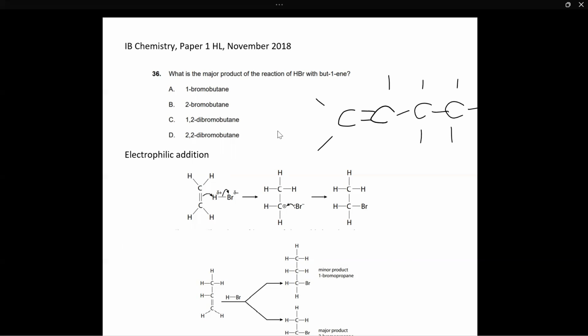So this is your but-1-ene, and this is your hydrogen bromide. Now this hydrogen, like I said, it's going to choose to go and attach to the carbon which has more hydrogens. And in this case, carbon number 1 has more hydrogens. It has 2, as you can see, whereas carbon number 2 has only 1 hydrogen. So hydrogen is going to go and attach to this.